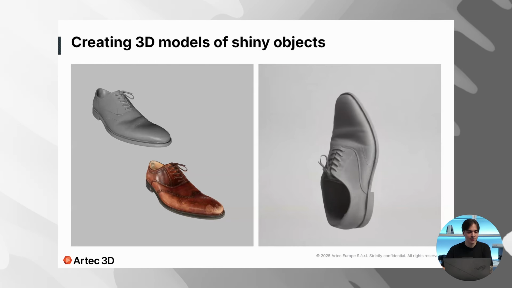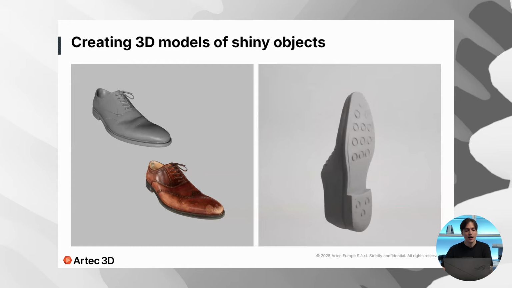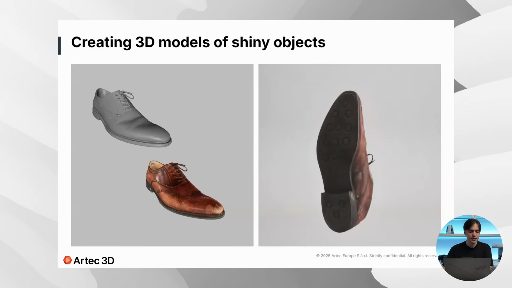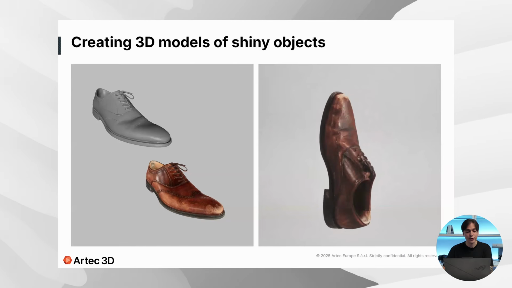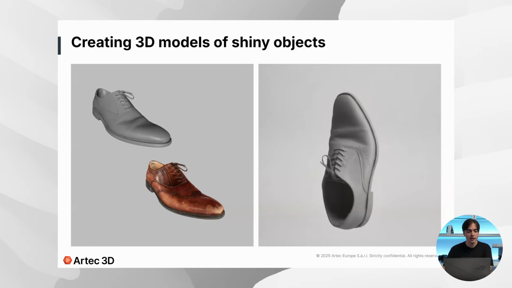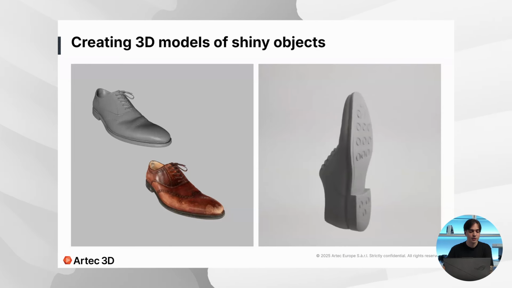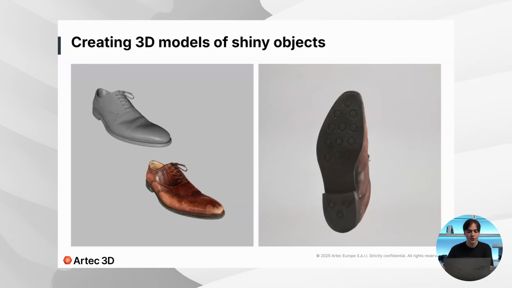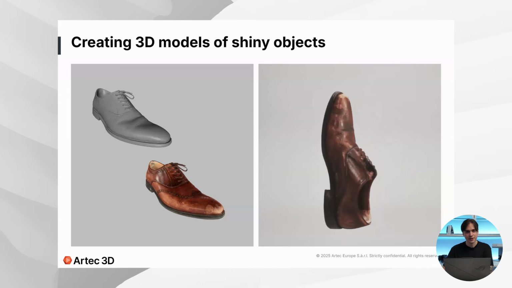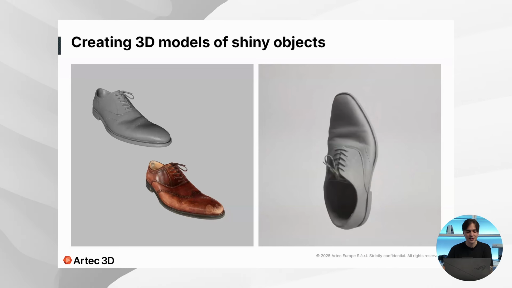You could see that the surface is still quite smooth, and we don't have any artificial bubbling or noise on the model. We even got a nice reconstruction of the laces right here, so it doesn't have to be fixed later on in third-party 3D software.